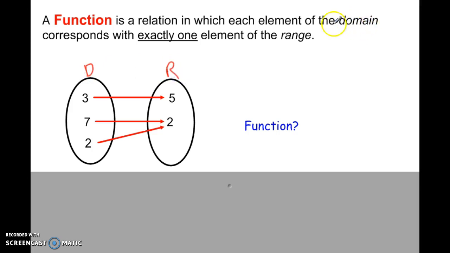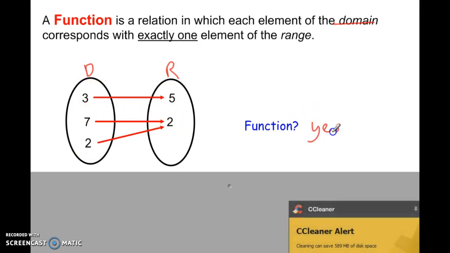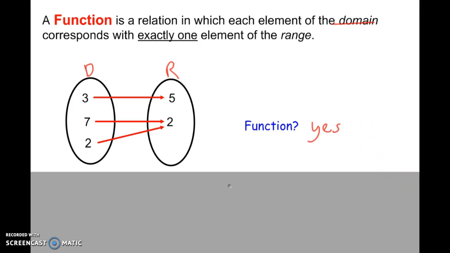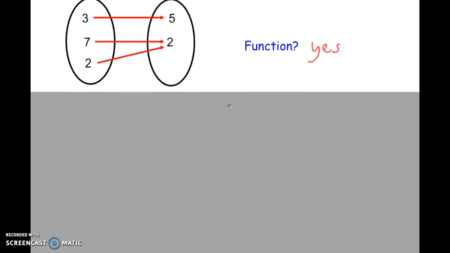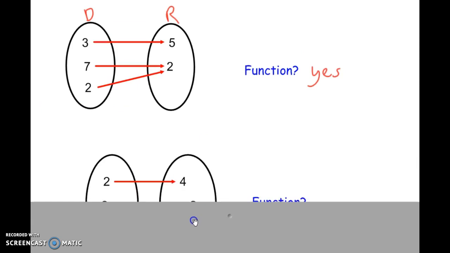Each element in the domain, 3, 7, and 2, has a unique partner, only one element. 2 goes to 2, 7 goes to 2, 3 goes to 5. I would say yes, this is a function, because all the domain values have one unique partner. It's okay that the range values have more.